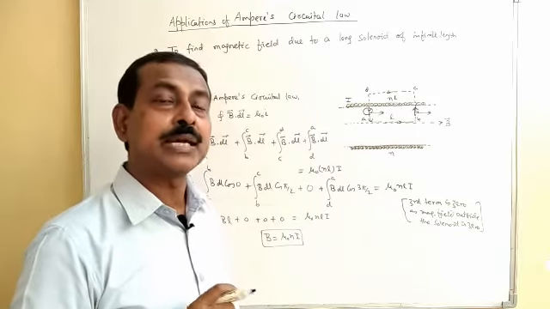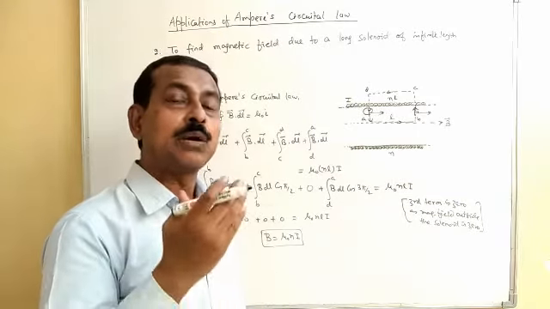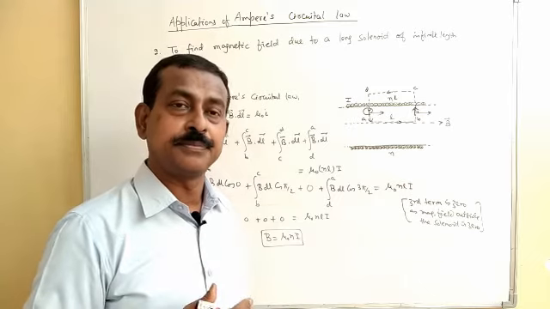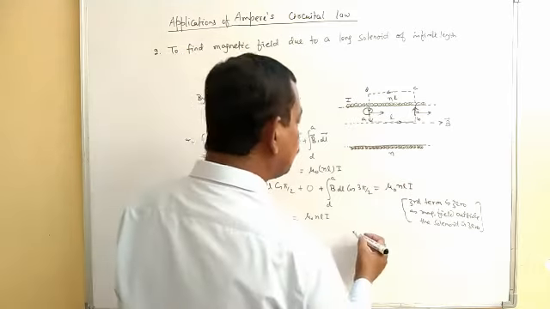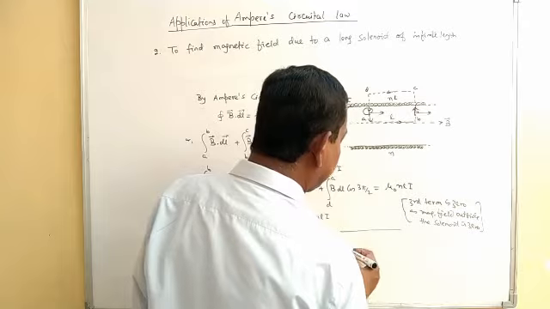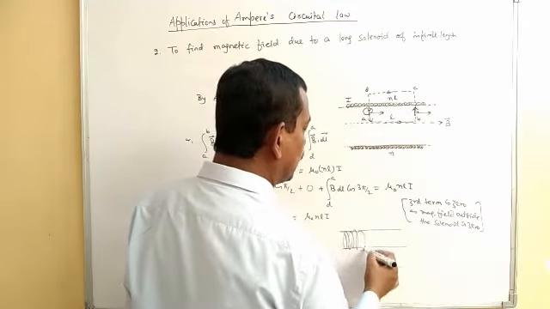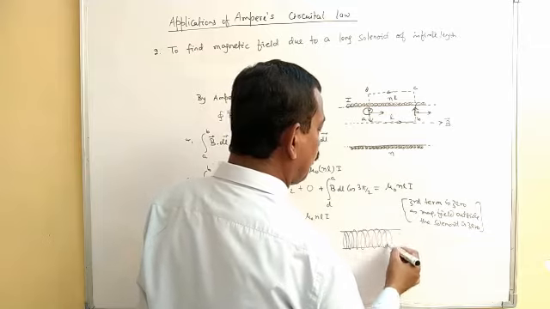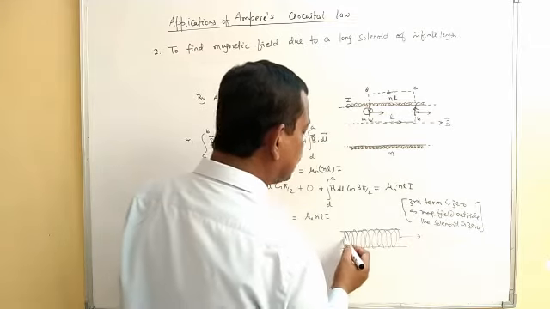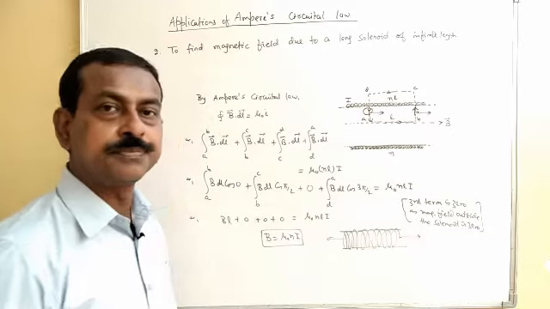If you want to find the magnetic field at one end of the solenoid, suppose you have a solenoid extending up to infinity. This is the solenoid, and in both directions it is extending up to infinity.